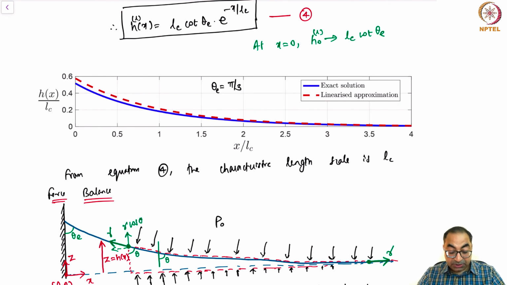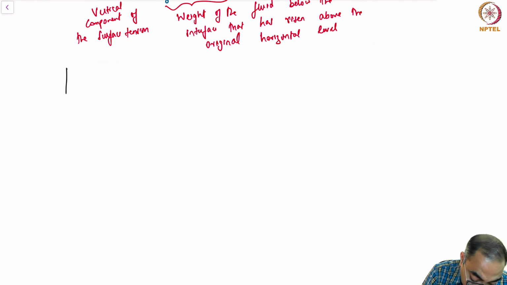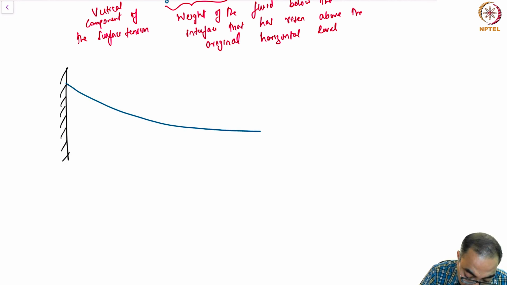It's also important to remember that this meniscus we're talking about is actually very, very small. Just to appreciate the value, the characteristic length scale of the meniscus, the deformation of this meniscus, is only a few capillary lengths.